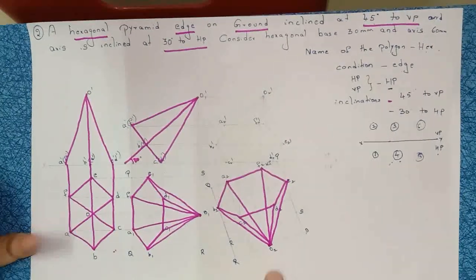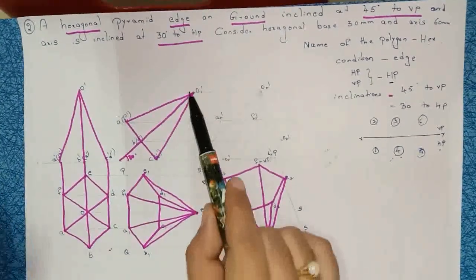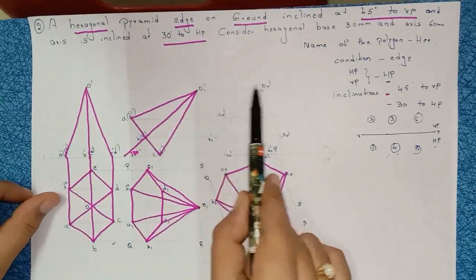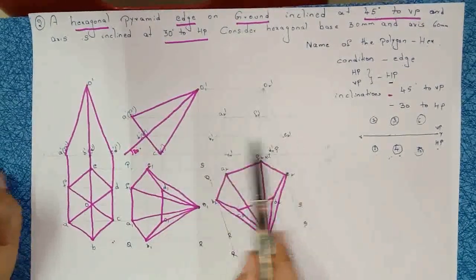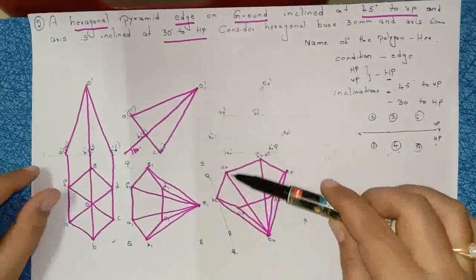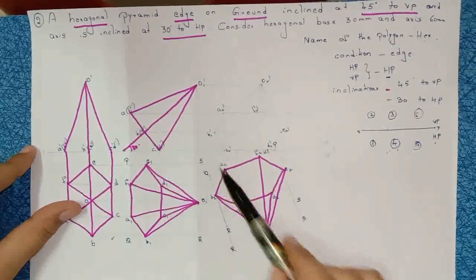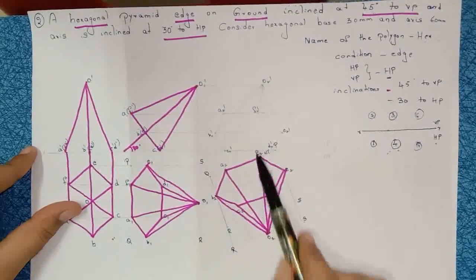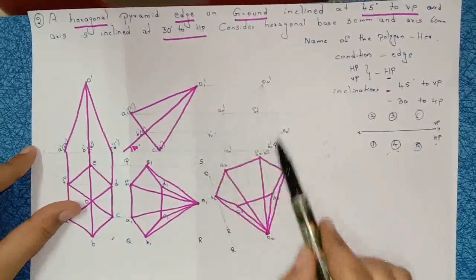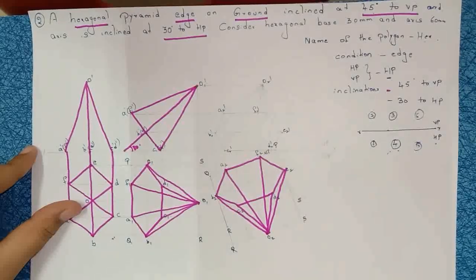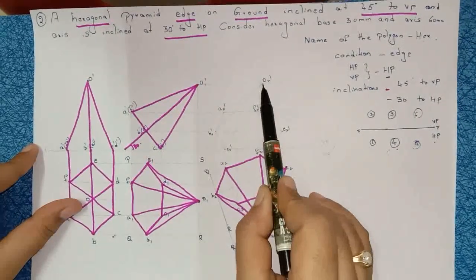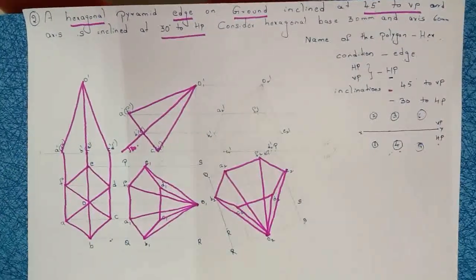After drawing this step, from every corner of the pyramid, from O, from A, from B, from C, draw the horizontal lines. Project this one from A to A, B to B, C to C, D to D, E to E, F to F. At last, from O to O also you have to mark the point.